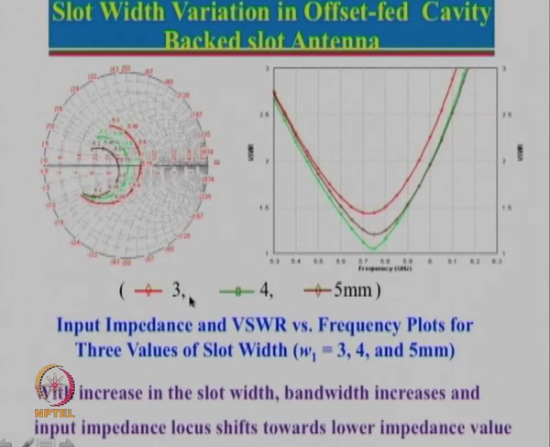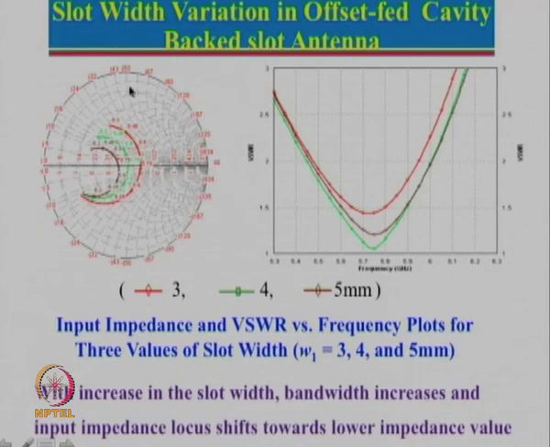Now, we know that for the dipole, if we have a thicker dipole, that means if the width of the dipole is increasing, then its impedance bandwidth will increase. And since we know that the impedance of the dipole multiplied by the impedance of the slot is a constant quantity, if the dipole antenna bandwidth is increasing, then the slot bandwidth will also increase.